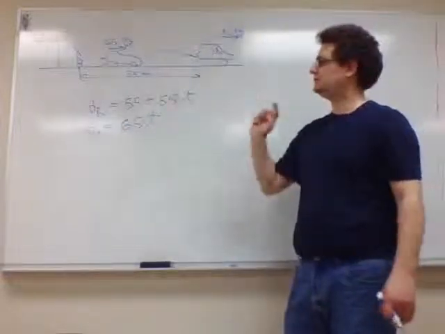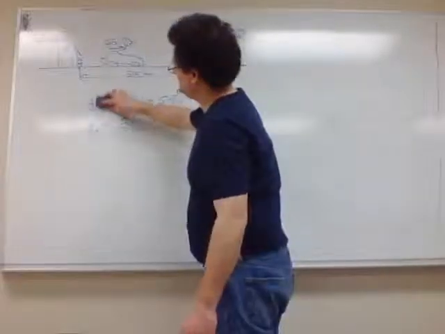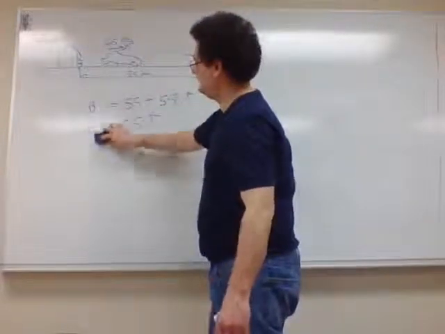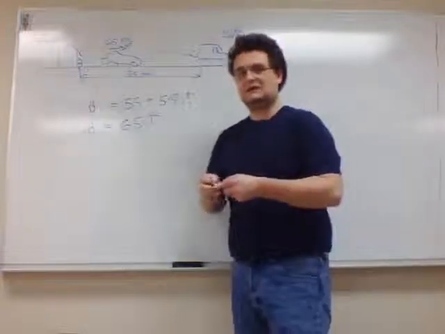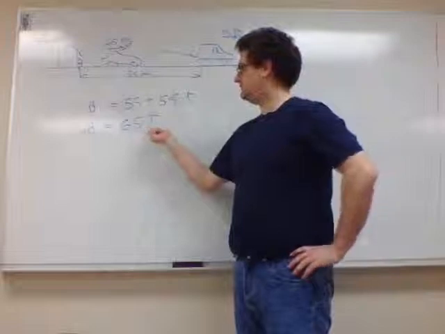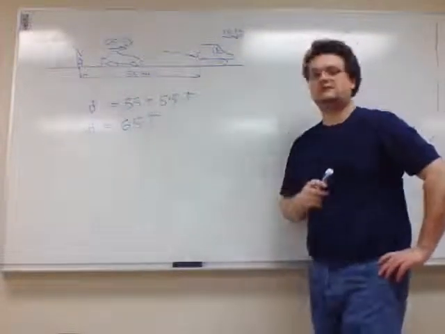For what value of t is this going to be the same? So instead of writing dB and dY, we are just looking for d, which at the same time should be equal to 65t and also equal to 55 plus 55t.